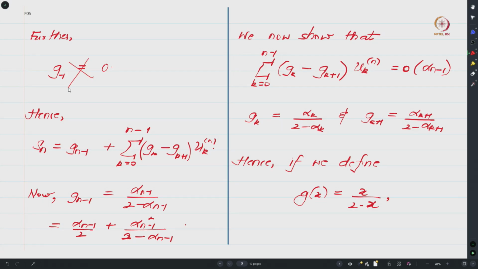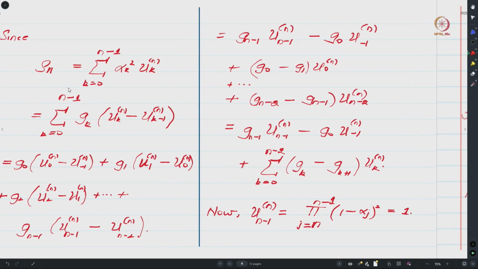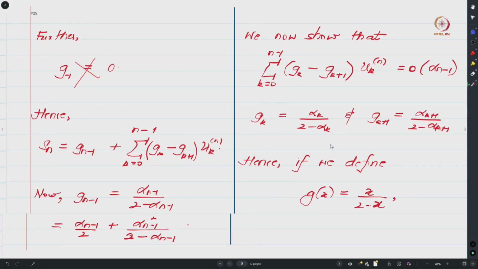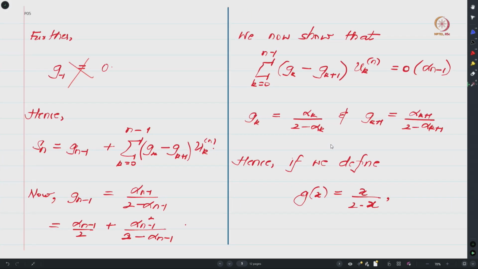While g minus 1 is 0, this expression is what we need to worry about, but since there is a negative sign over here, we can ignore this term and say that this expression is upper bounded by this quantity over here plus the sum of these terms.